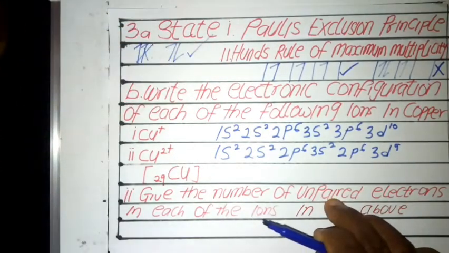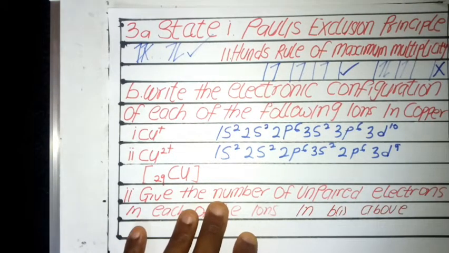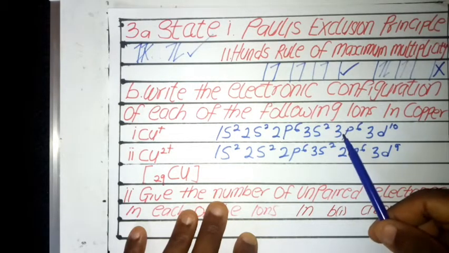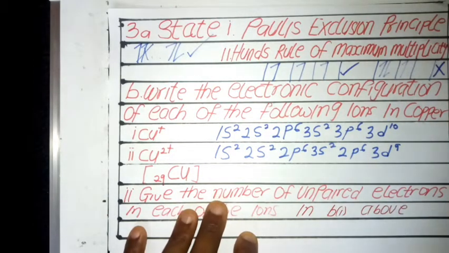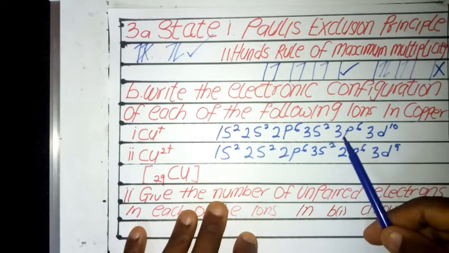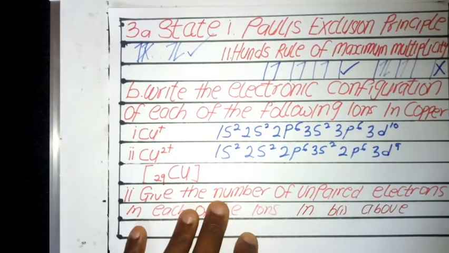But I'm very sure some of you might be confused. Why after 3p do I move on to 3d10? It would also be after 3p I will have 4s, right? 4s1, sorry, 4s2, then 3d9.